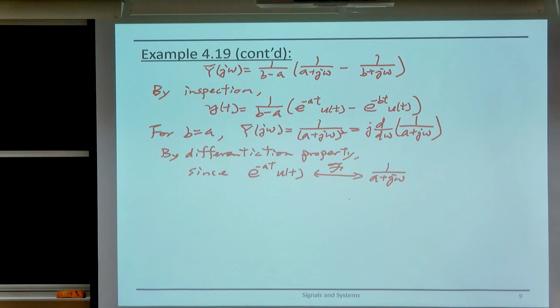Therefore, when you take the derivative of 1 over (a plus j omega), then in the time domain, you should have minus jt times the original time domain signal.